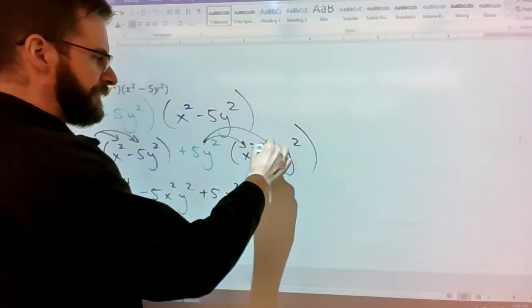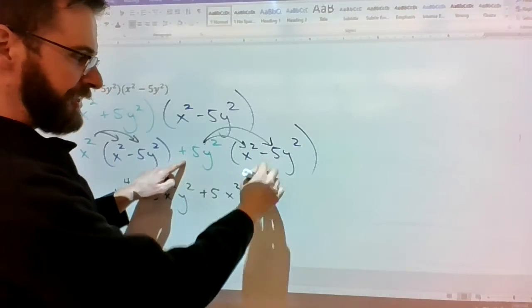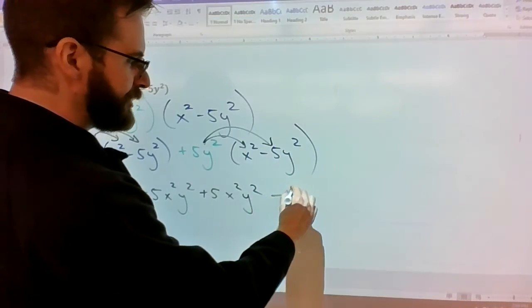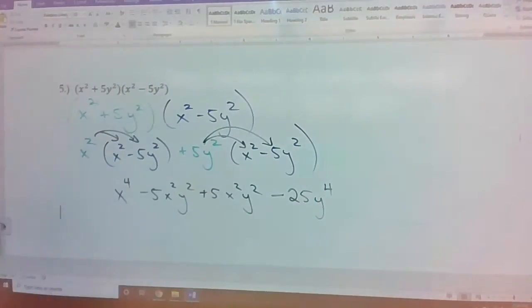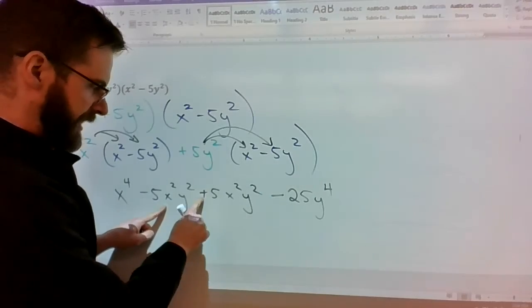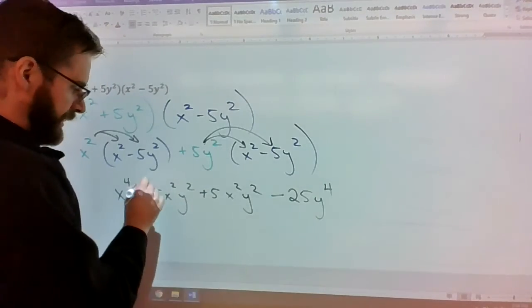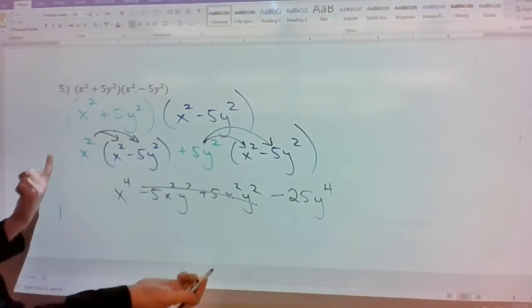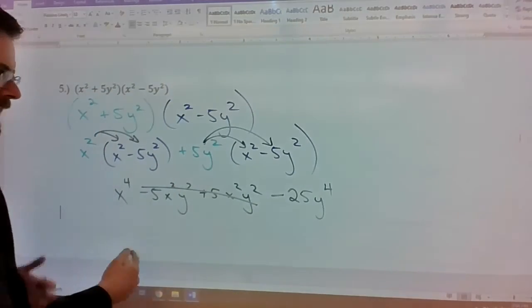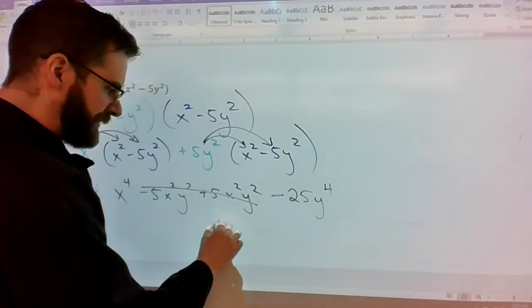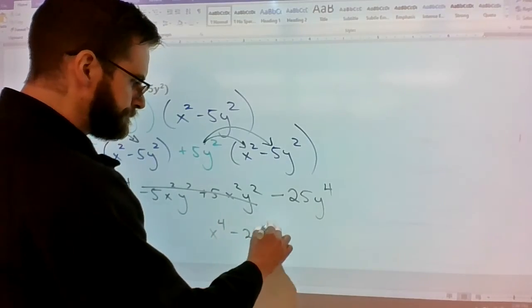And then you take 5y squared times negative 5y squared, you get negative 25y to the fourth power. All right, you've got identical middle terms that are one's a minus and one's a plus. They cancel, which makes sense. It was good twin, bad twin from the get-go. And then you can't combine these two, so you're just going to have to write them side by side.